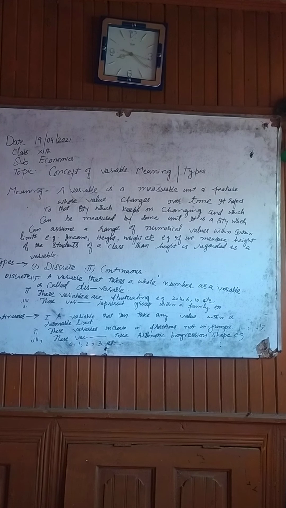Then we studied continuous, a variable that can take any value within a reasonable limit. Here the word reasonable is very important. These variables increase in fractions, not in jumps. These variables take arithmetic progression shape, etc. Okay, and this much is enough for today.